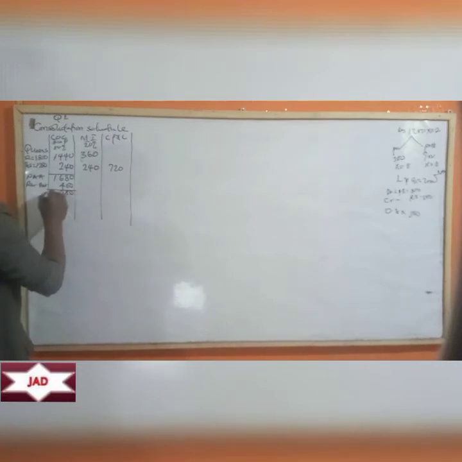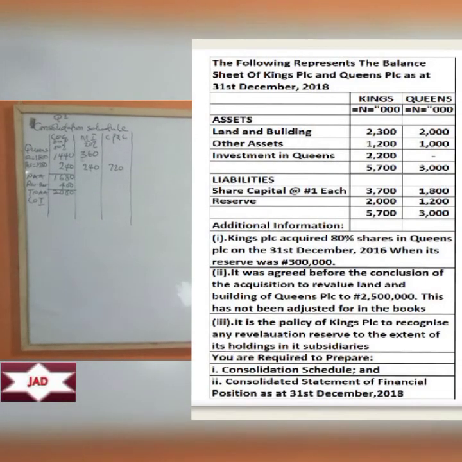So when you add up, this will be your total net assets acquired, before you bring in your cost of what? Investment. What's your cost of investment there? 2,200. So when you take that out, this is your goodwill. So 2,080 minus 2,200.